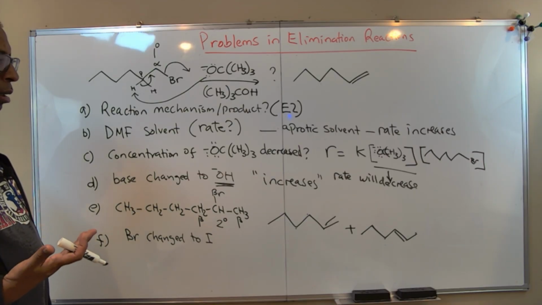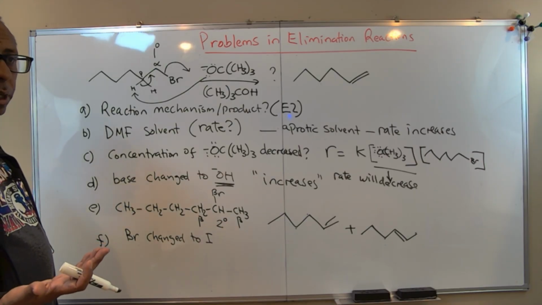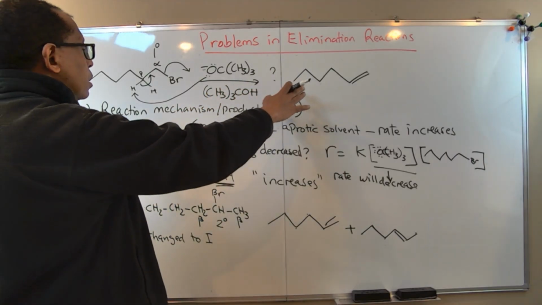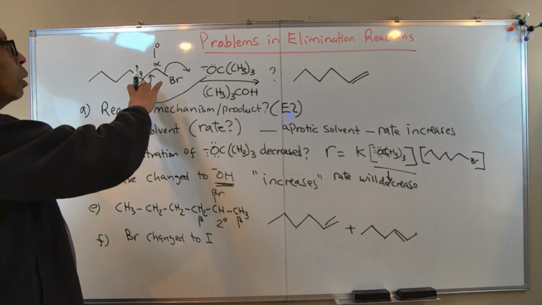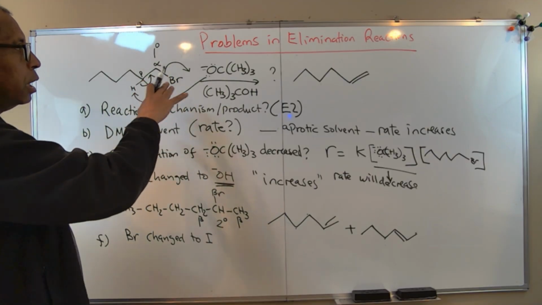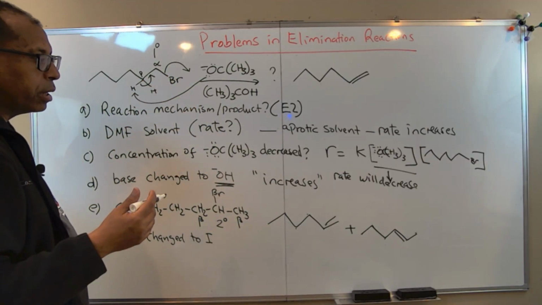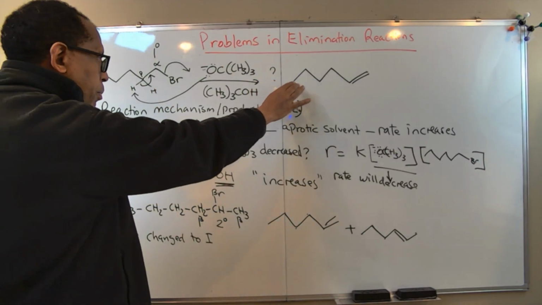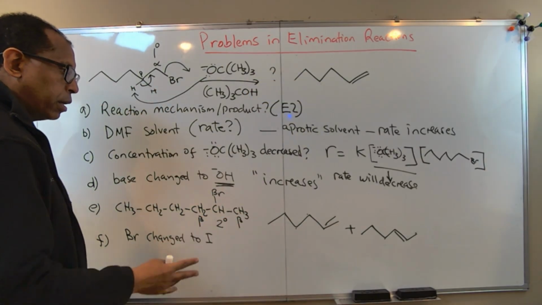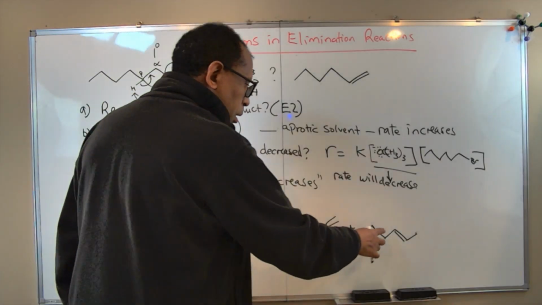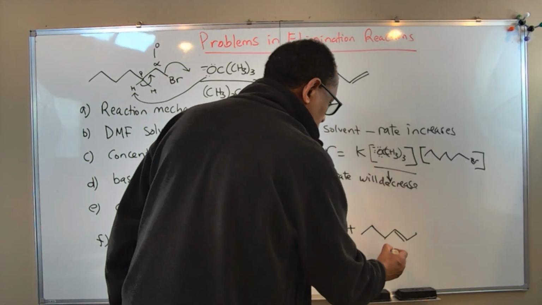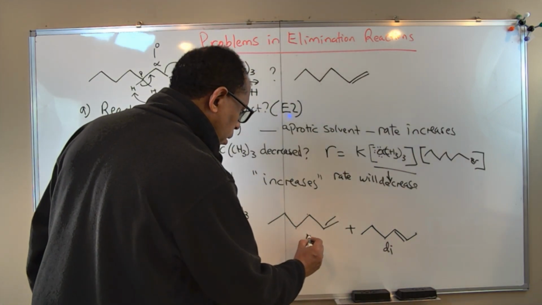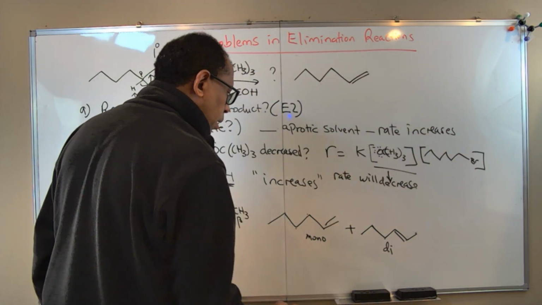Definitely the rate would be decreased if you were to form only this. But considering not the product, but the rate of the reaction here, it's generating a disubstituted alkene, and this is a monosubstituted alkene.